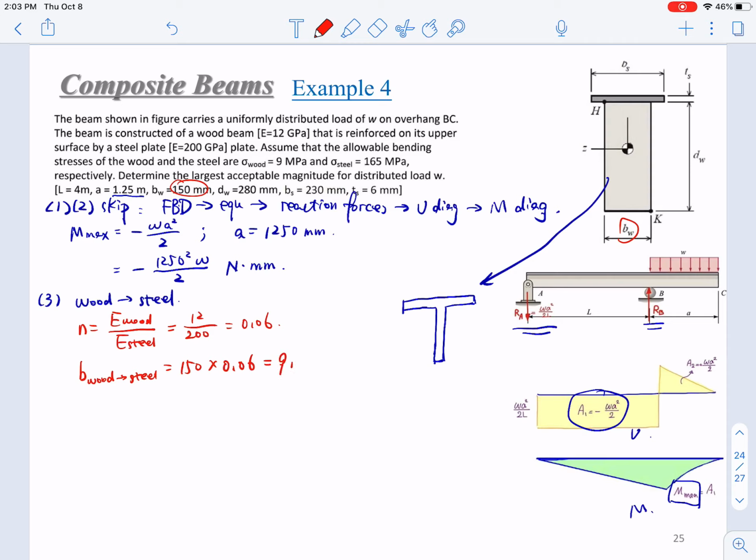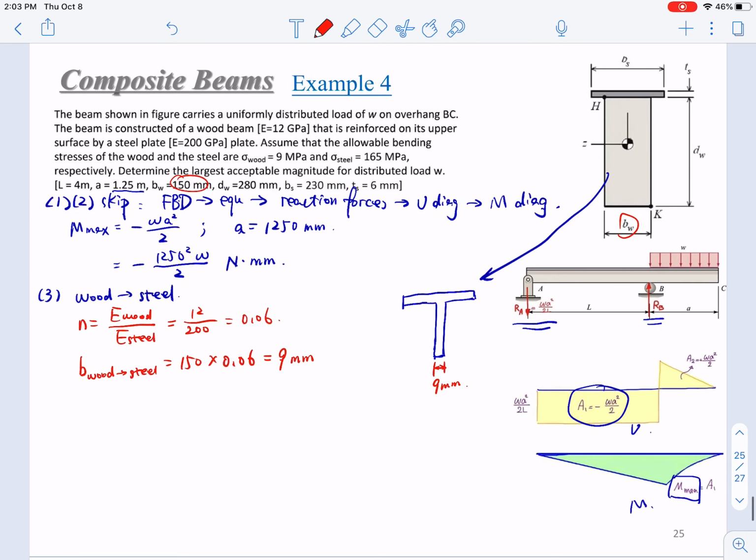This will be 9 millimeter. So this is the size here, only 9 millimeter. The height d_w here is 280, and t_s is 6, b_s is 230.